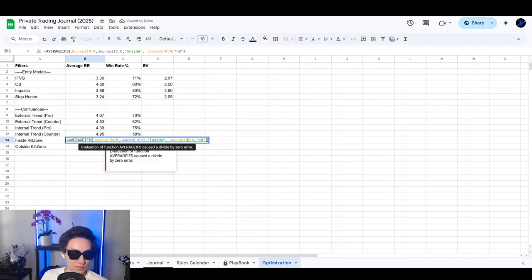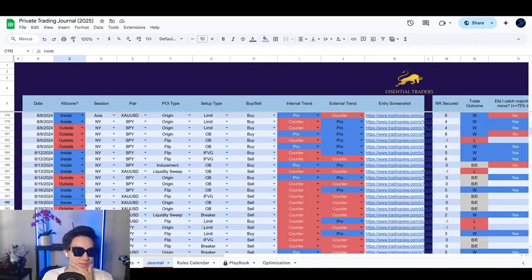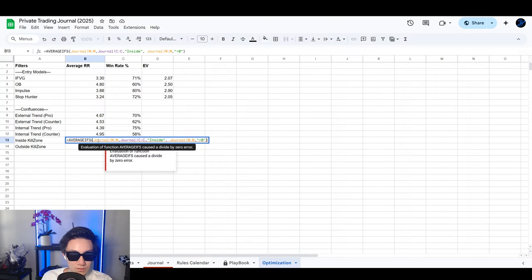And why is it divided by 0? Inside. Wait, it shouldn't be divided by 0. Am I tripping?